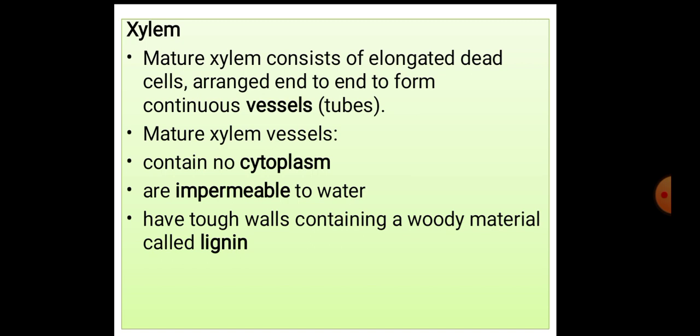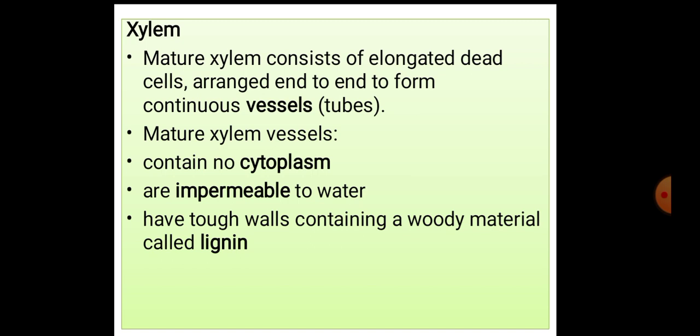Tracheids are elongated or tube-like cells with thick and lignified walls and tapering ends. These are dead and are without protoplasm. The inner layers of the cell walls have thickenings which vary in form.